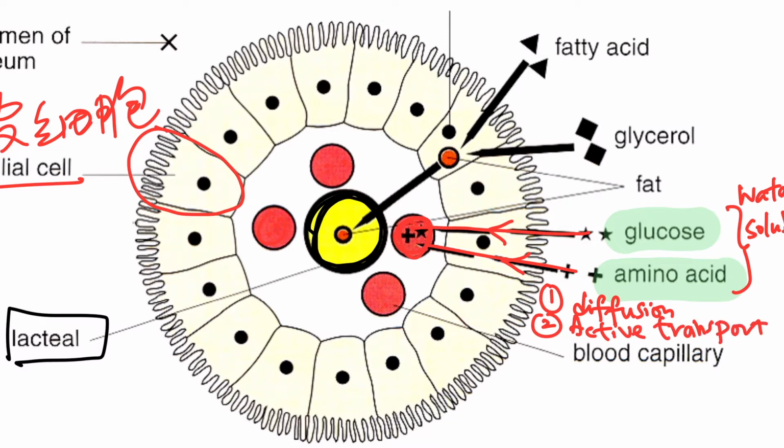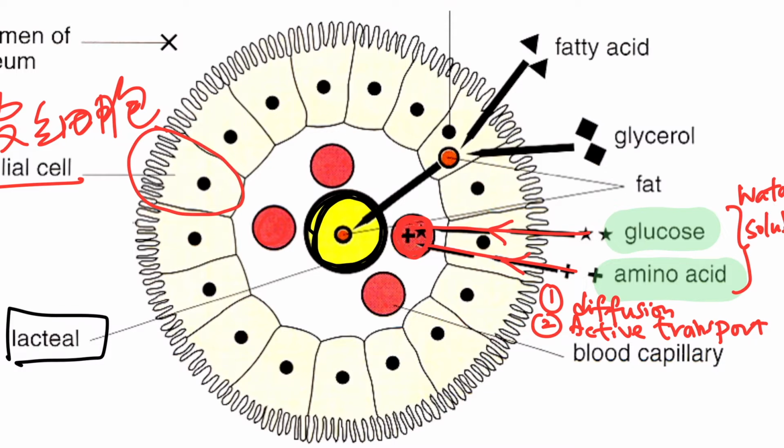At this moment, you don't need to understand exactly what diffusion and active transport mean, but just have a very brief understanding that there are two processes involved in the absorption of glucose and amino acids into the blood capillaries. Once the food enters the blood capillary by diffusion and active transport, it will be carried away from the small intestine and then to the liver.